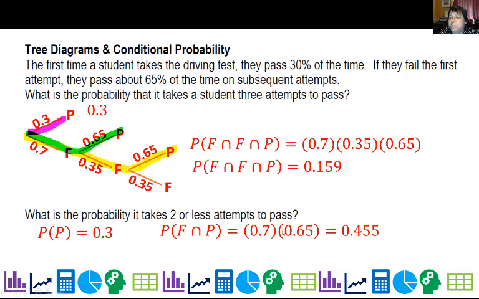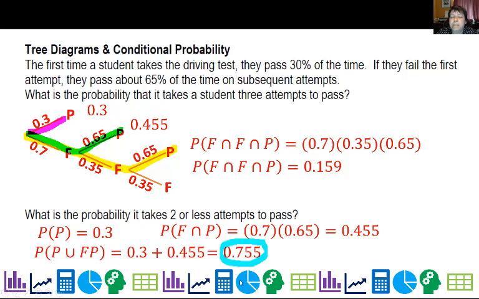So 0.7 times 0.65, that's almost half the time. So 0.455. So I just combine those 2 probabilities, and I get the probability that someone can pass in 2 attempts or less is 75.5%, or 0.755.